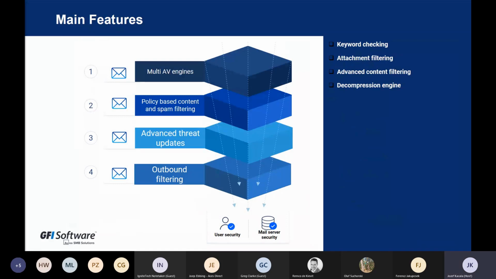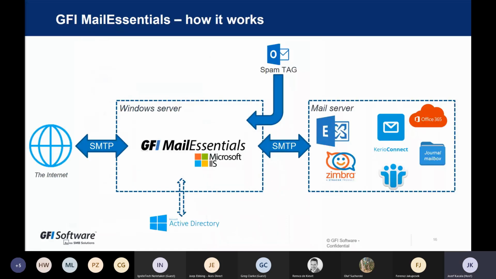So that being said, let's have a look at how this actually works. GFI MailEssentials could be deployed in two different modes. One is the SMTP mode, which I have exactly on this slide. The second capability is to deploy MailEssentials directly on the Microsoft Exchange server. Those two things could be totally integrated.